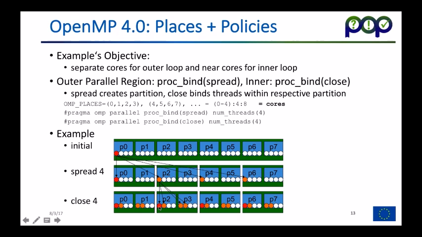And it's guaranteed that thread 0 and thread 1 will run on the same place if 2 threads end up in the same place. So meaning neighbor thread IDs will also run as closely together as possible, which is different from several vendor-specific features that are also available in certain implementations.